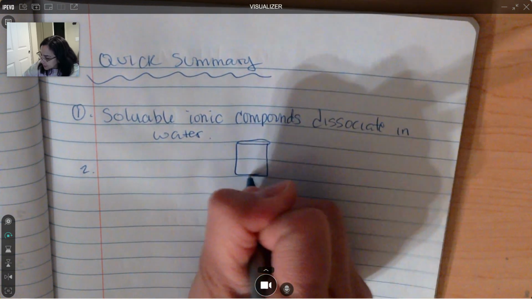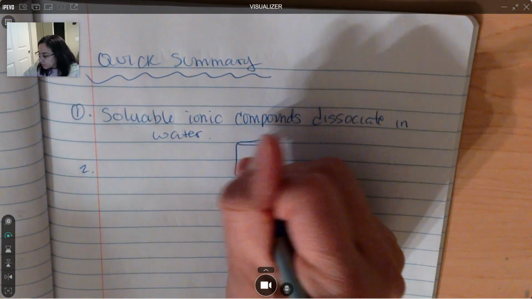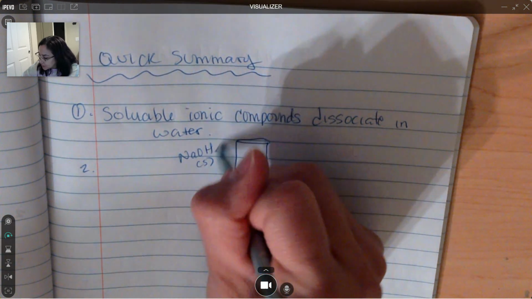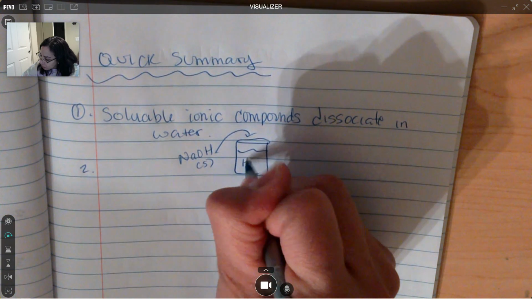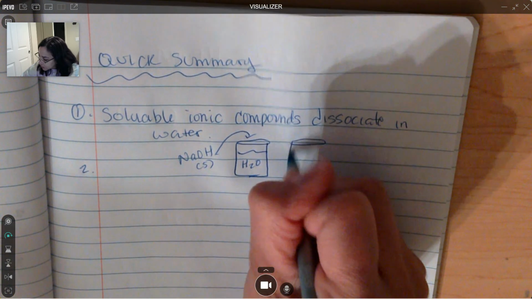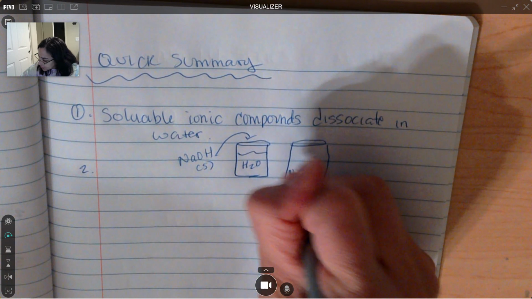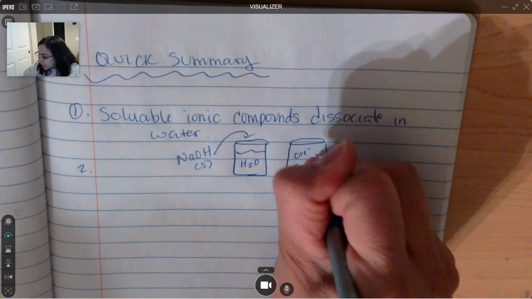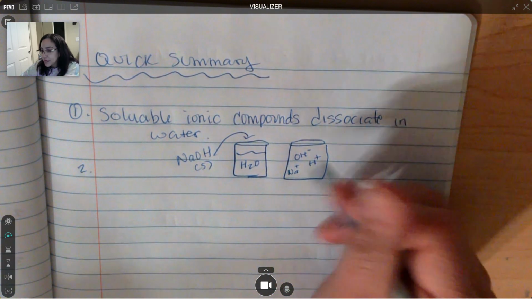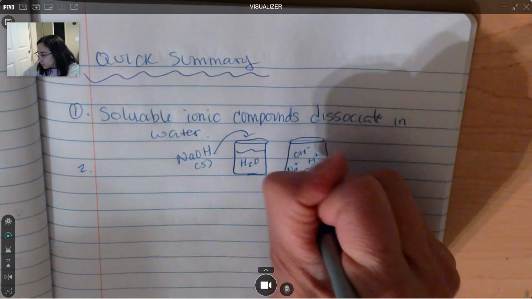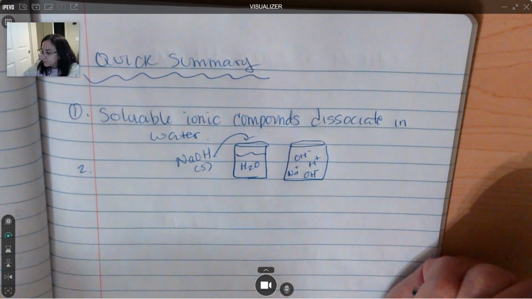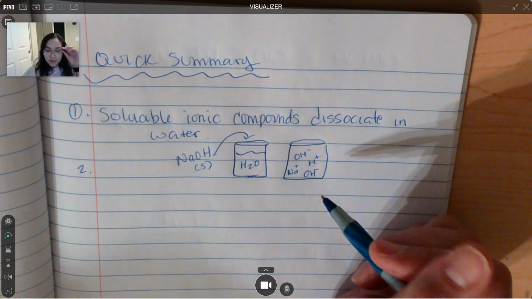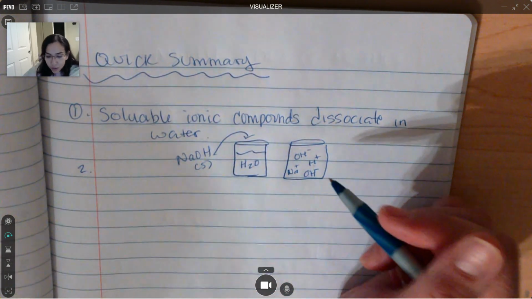It basically means if you have sodium hydroxide solid and we toss it in a container with water, H2O, you're going to have some dissociation. So you're going to have sodiums and hydroxides floating around inside of this container of water. So this is like sodium hydroxide in your water right there, and there's going to be tons of them in there dissociated.